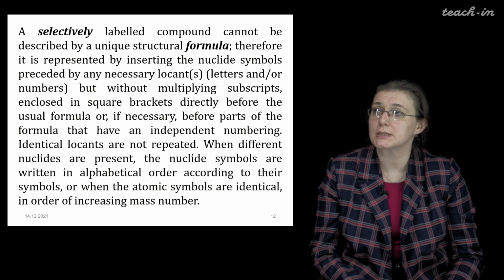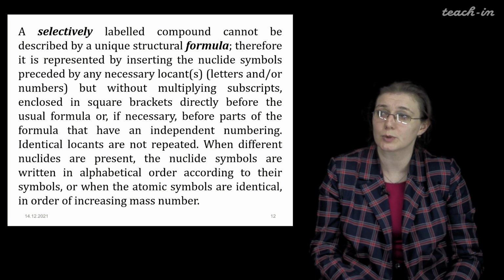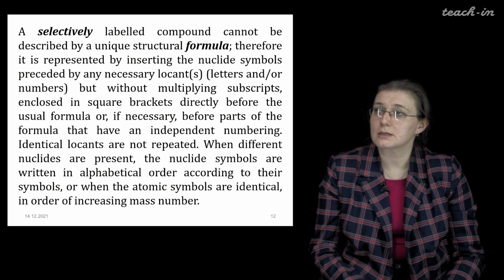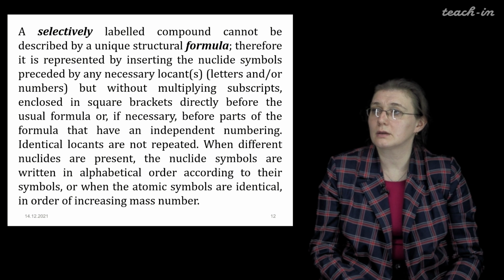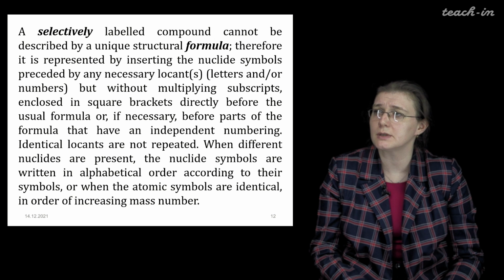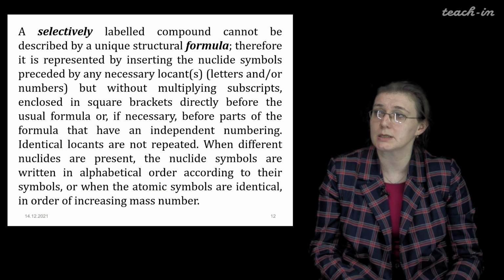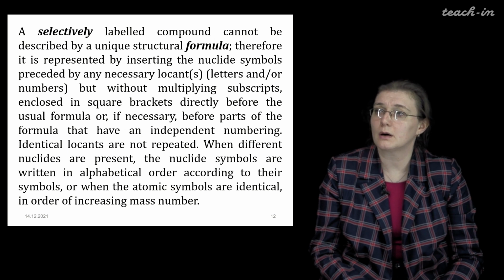Therefore, it's represented by inserting the nuclide symbols, presented with the necessary locant, but without multiplied subscripts or any other positions, in square brackets directly before the usual formula, or if necessary before part of the formula.